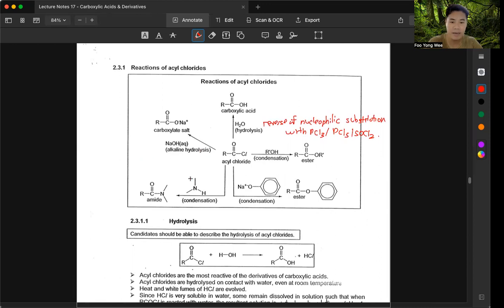So this is an amine, to form your amide. A bit like what you learned in O level, the amide linkage, amine plus carboxylic acid, as well as reaction with phenoxide ion, which can form ester as well.